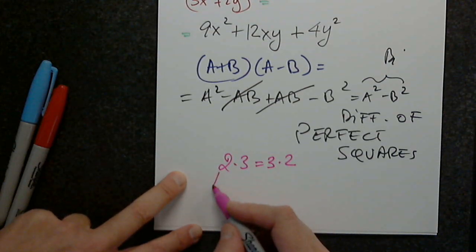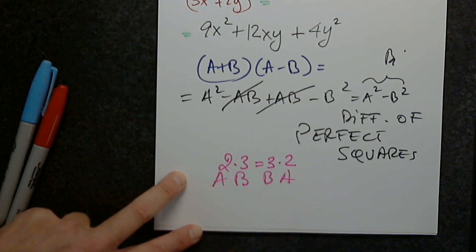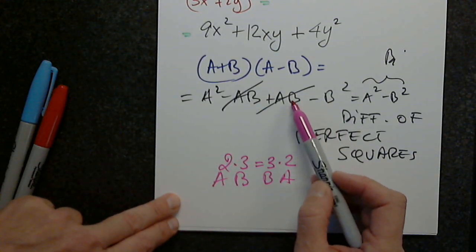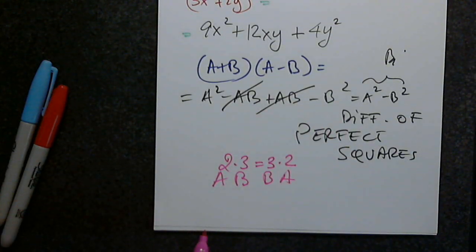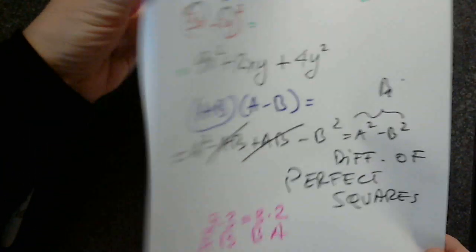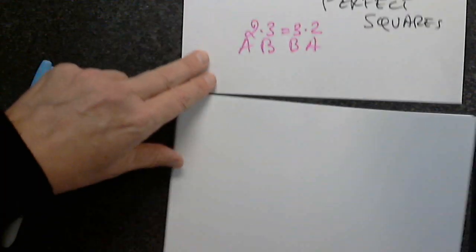So that's why AB is the same as BA. That's why I wrote it as AB from the beginning, because it was easier to see that those two terms go away. Any questions so far? Anyone? Okay. So let's look at an example like this, and then start our review of factoring.